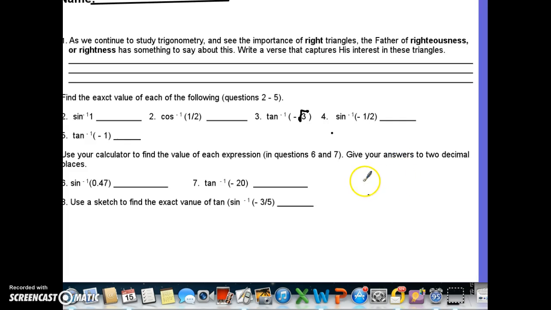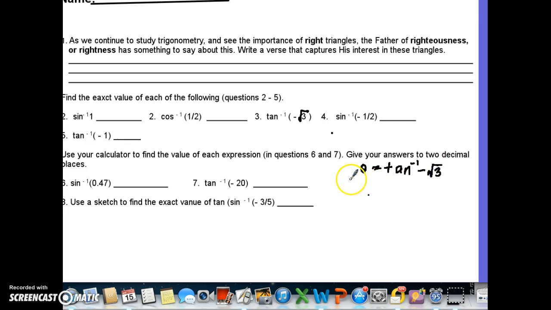We want the tan to be negative root 3, so what I've taught you before is we'd say the angle theta is equal to tan to the negative 1 of negative root 3.